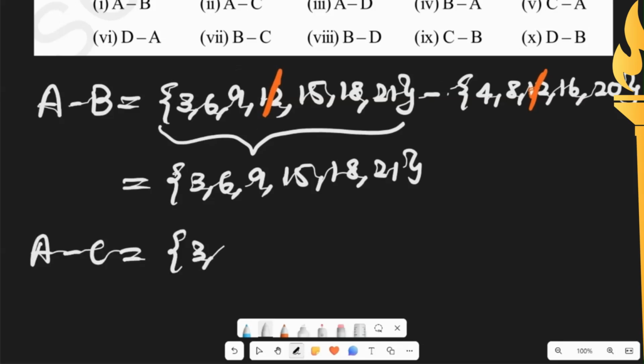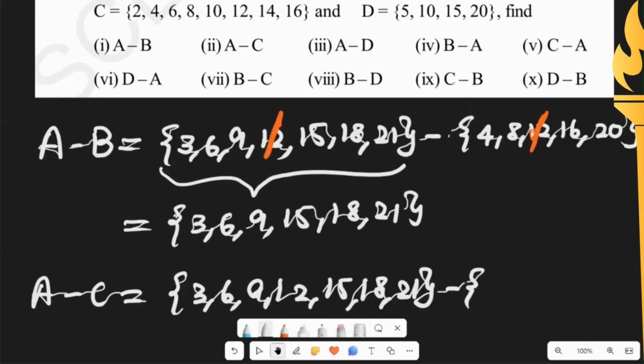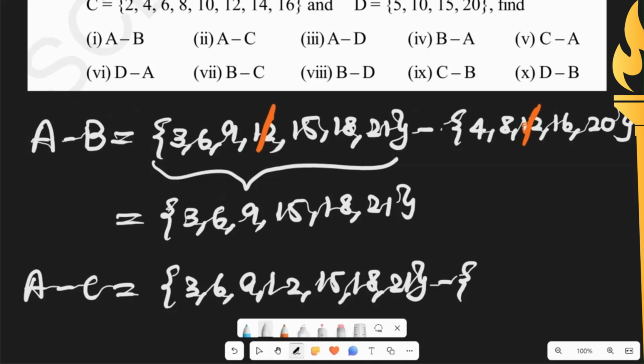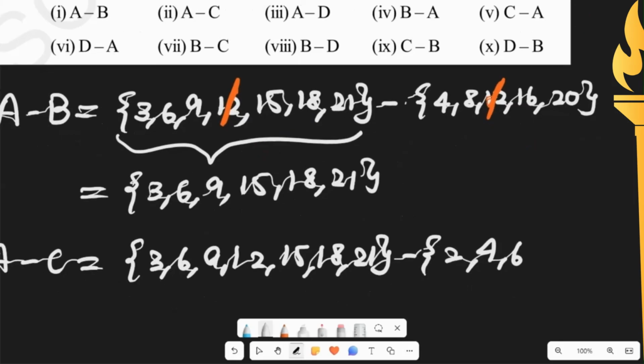First let's write A set: 3, 6, 9, 12, 15, 18, and 21. We have set C here: 2, 4, 6, 8, 10, 12, 14, and 16.